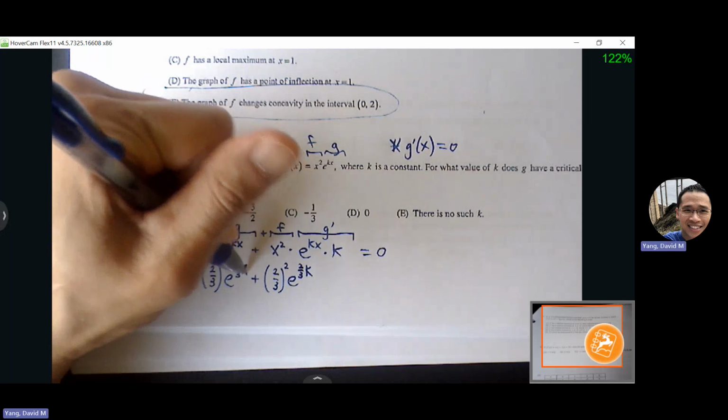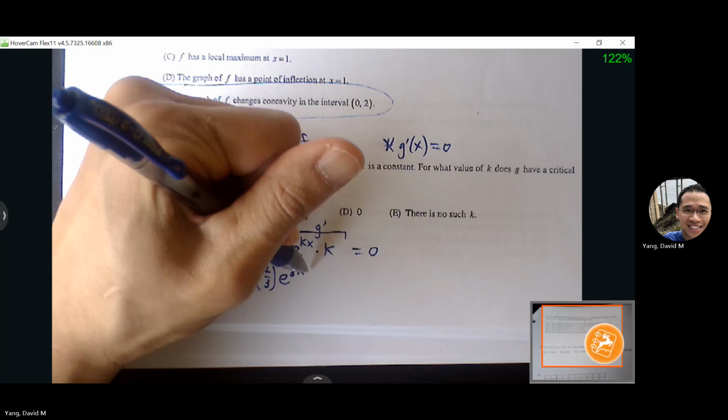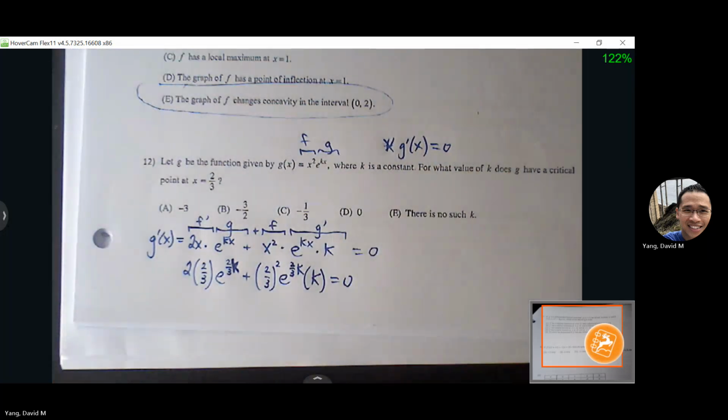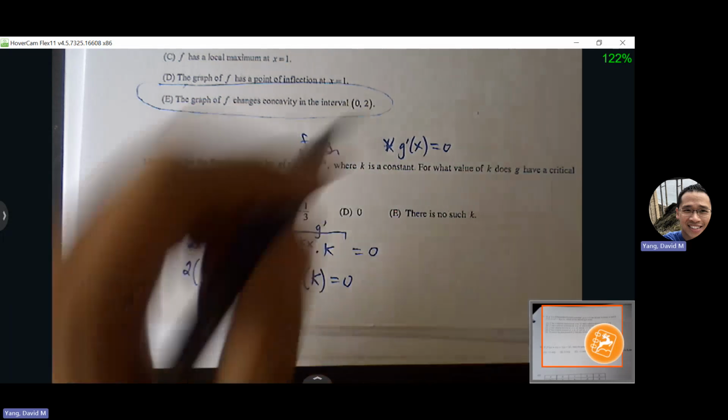Sorry, k, not x. K, x has been replaced. Okay, I'm gonna set them equal to each other and see if things will cancel out. I have a bunch of k's in the way. Hopefully some of these will cancel out here. So I'm gonna subtract this over to the other side here.